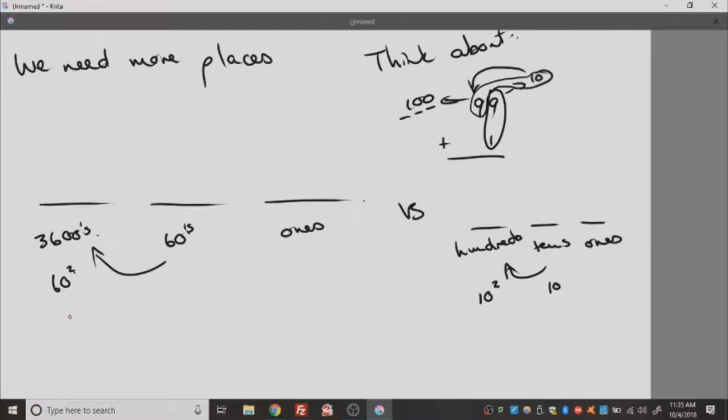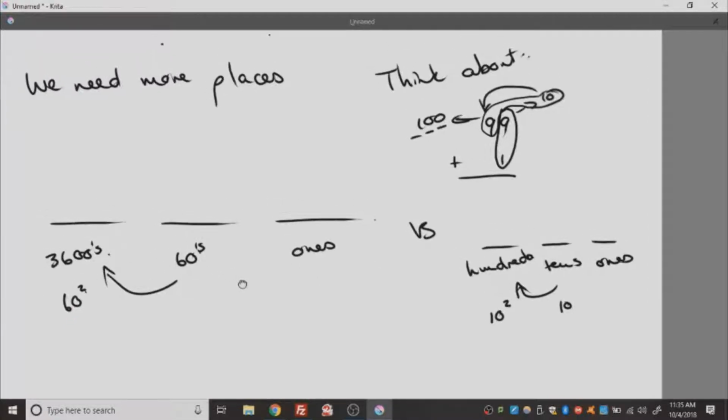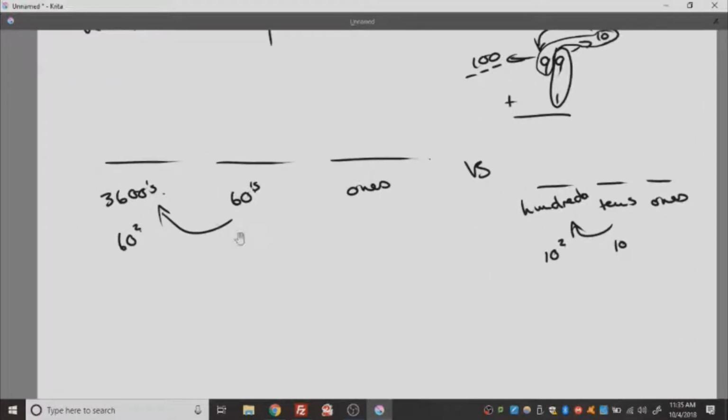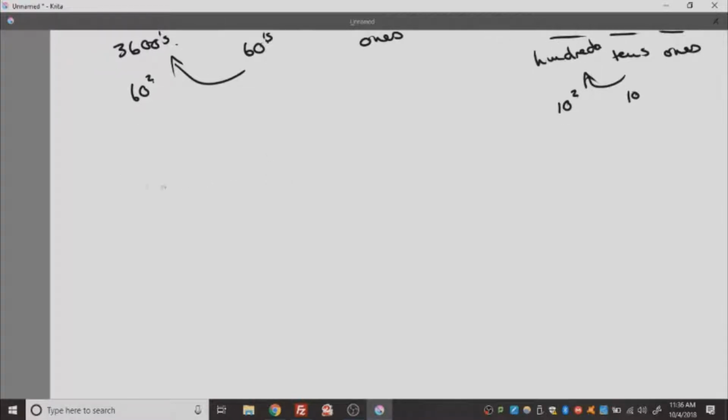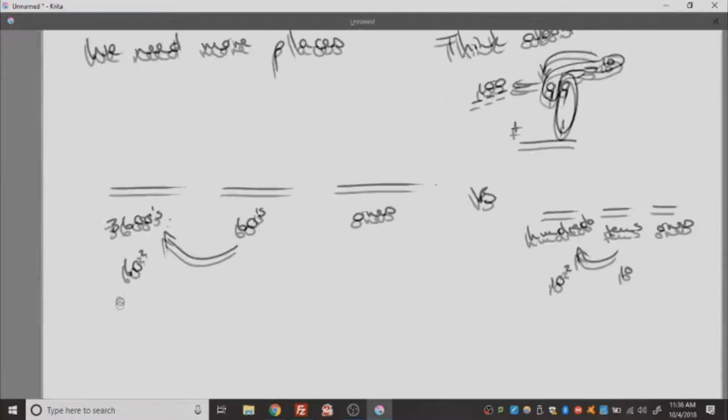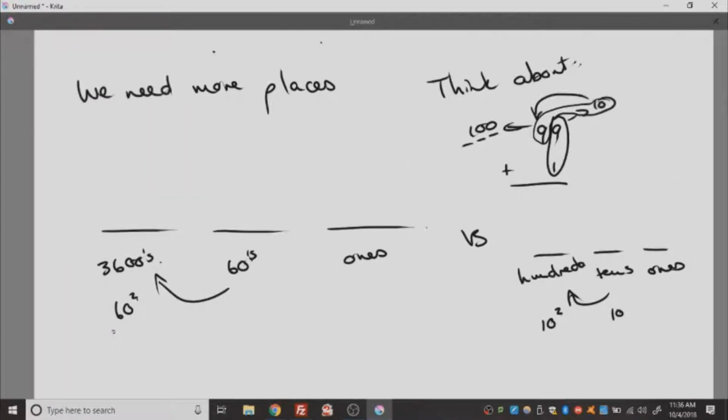How I go to new places is still linked to the 60. I can have more places. Using this to make bigger numbers is much more efficient because I'm sticking to my 60 base.